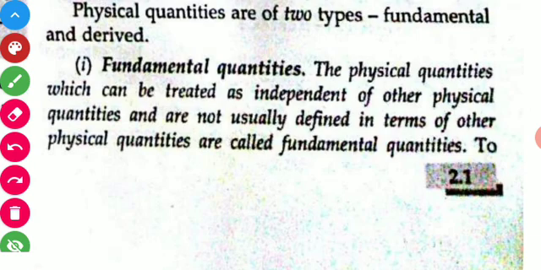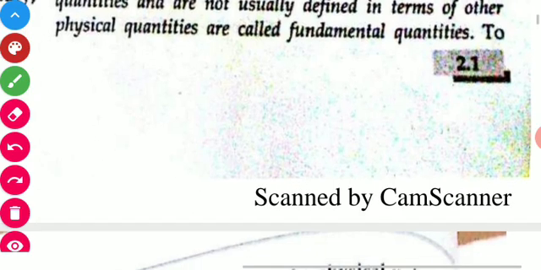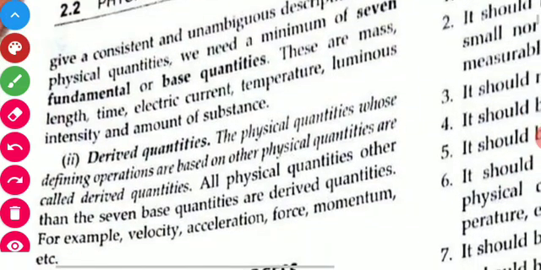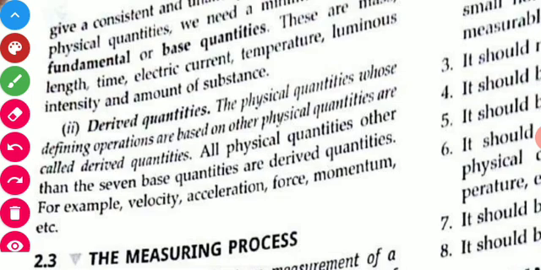I have already given the examples: first is length, mass and time, and there are other fundamental physical quantities also. We will study those in further videos, in further lectures.